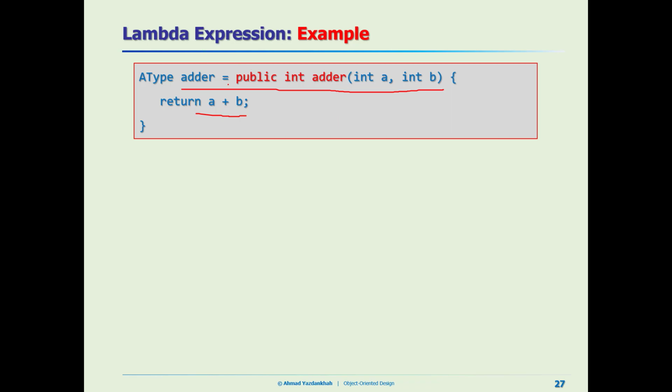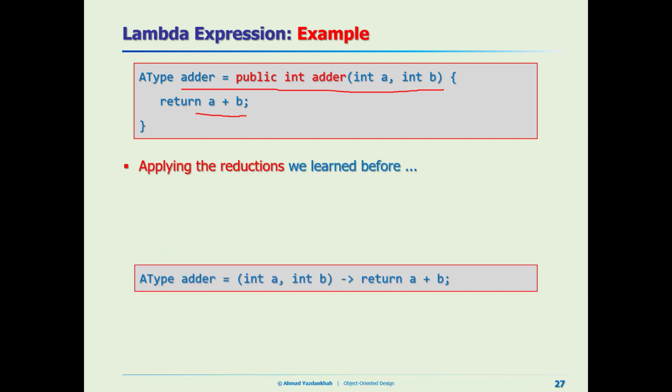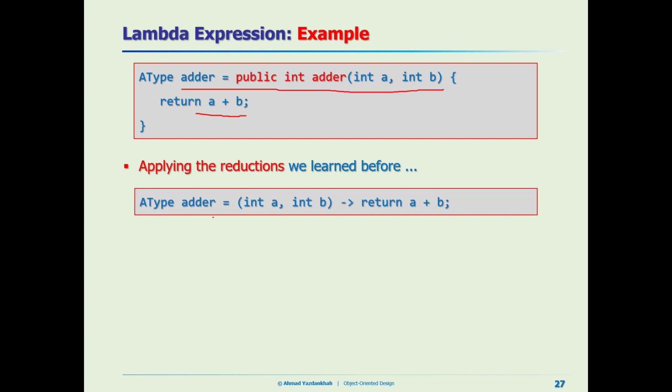If you apply all of those things that we said in the previous slide, we get something like this, right? So these are the arguments, and this is the return. And since again it is one line of code, we remove those curly braces.